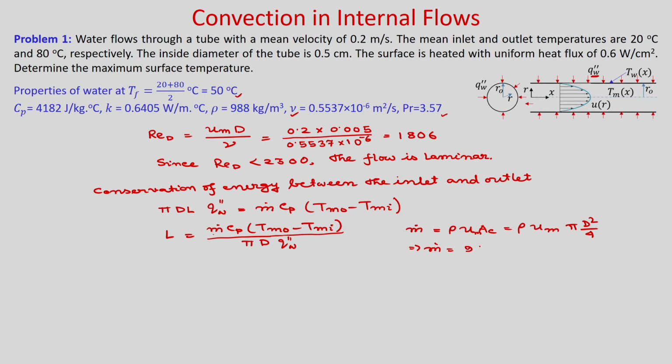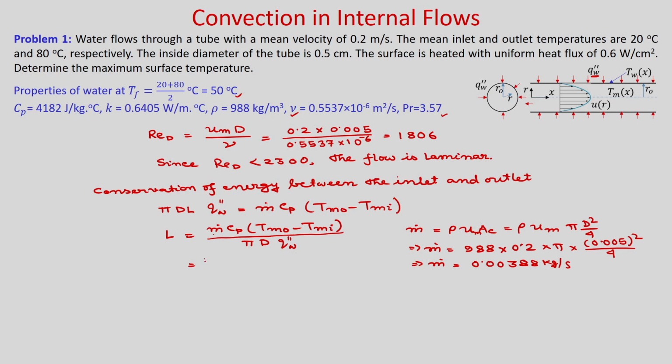Rho is 988, velocity is 0.2 into pi into 0.005 square by 4. Okay. So, m dot you will get as 0.00388 kg per second. Now, you put it here, then you find the length. Okay.